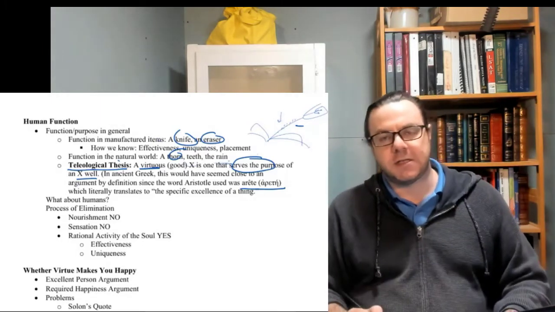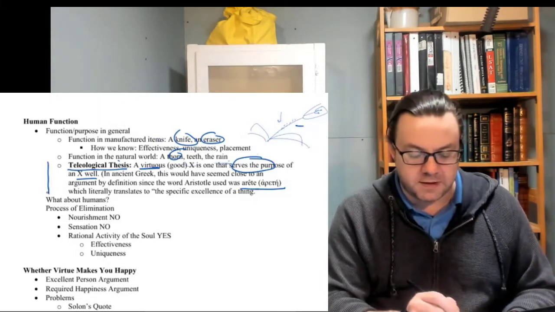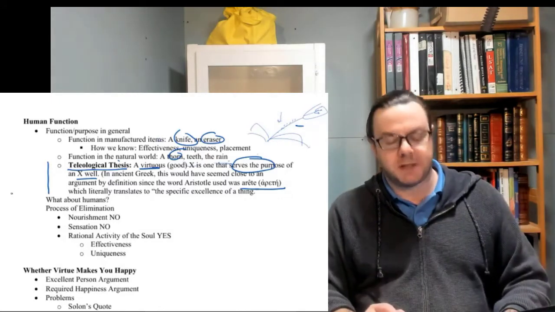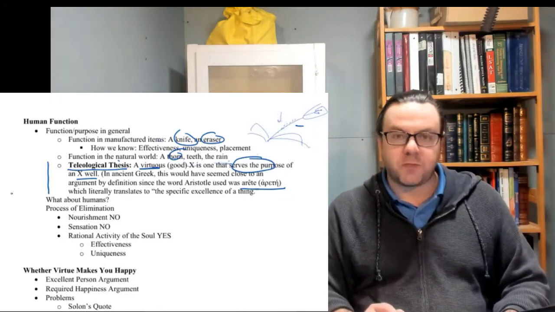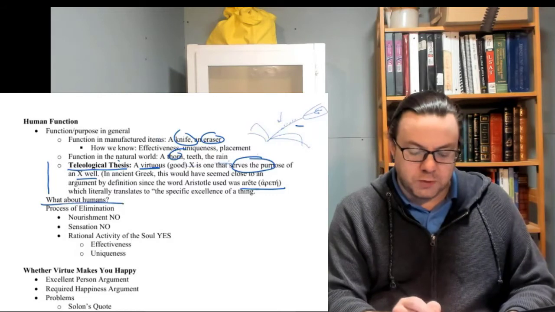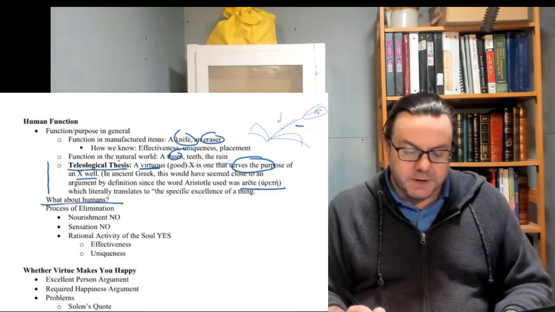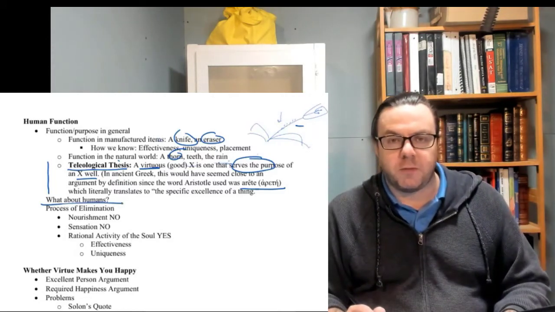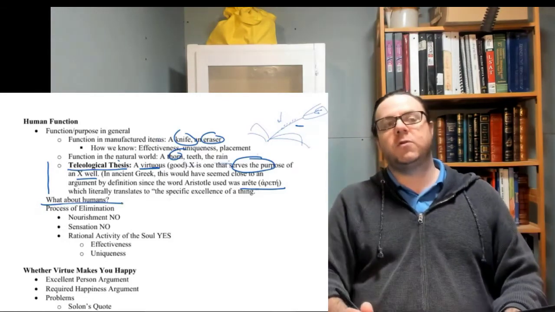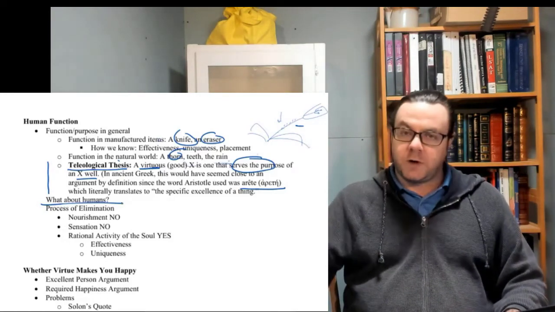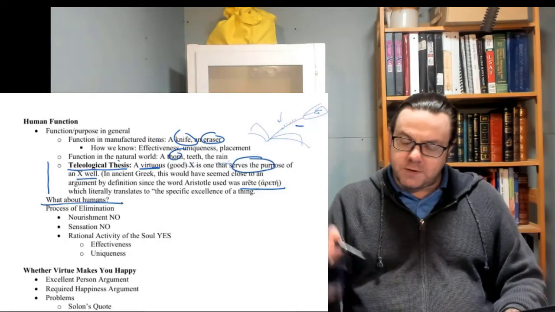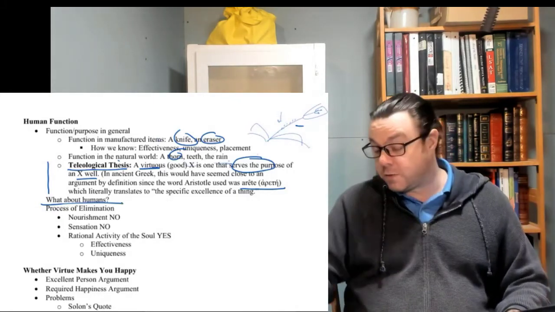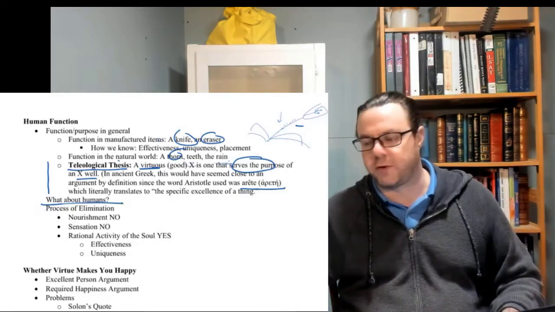And so Aristotle's going to tie this general thesis, that evaluating something is always a question about its purpose, to human beings. If we know what the purpose of a human being is, then we'll be able to evaluate one as a virtuous or not a virtuous human being. In other words, a good person or not such a good person, right?